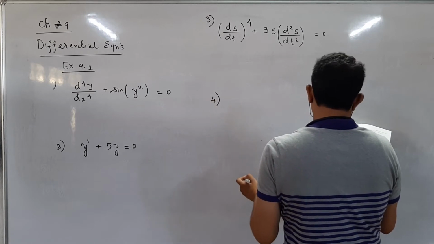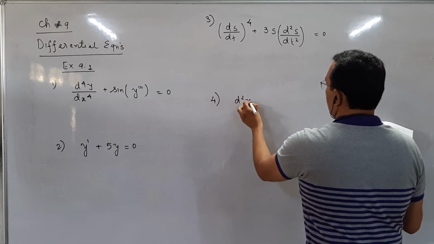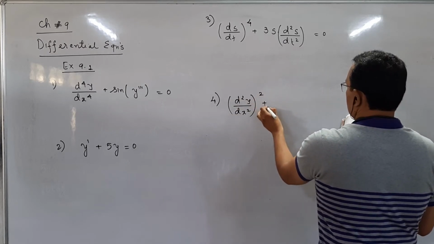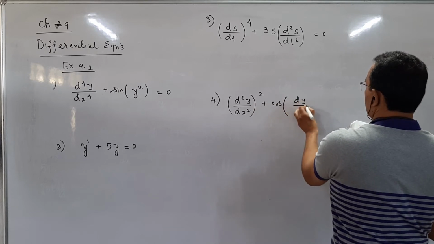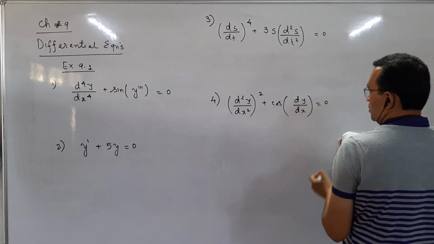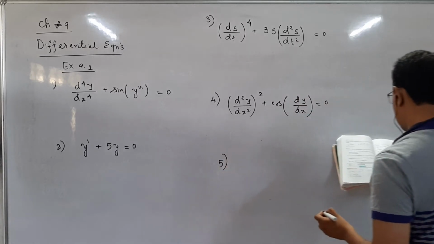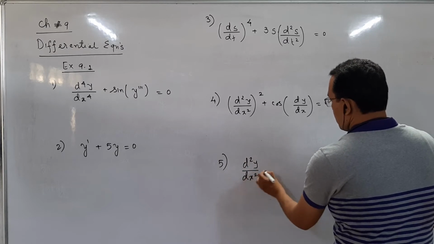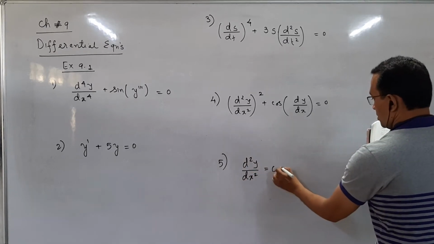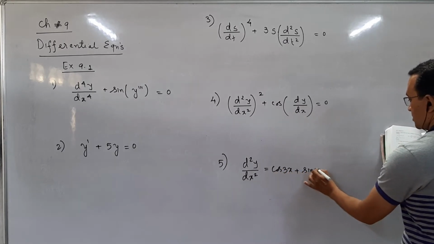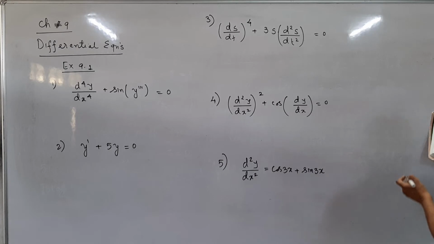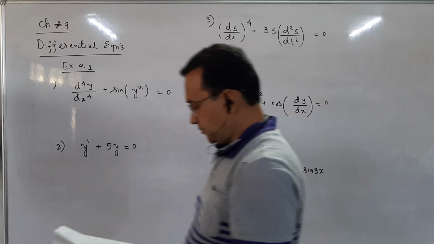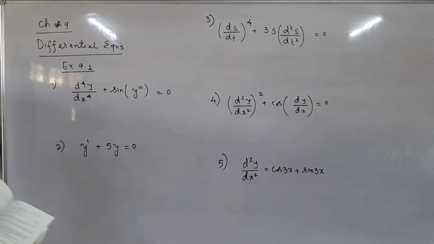Okay. Fourth, d2y by dx2 the whole squared plus cos of dy by dx is equal to 0. Fifth, it is d2y by dx2 is equal to cos of 3x plus sine of dx. Okay, let us do these five sums first. Then we write the next five sums.